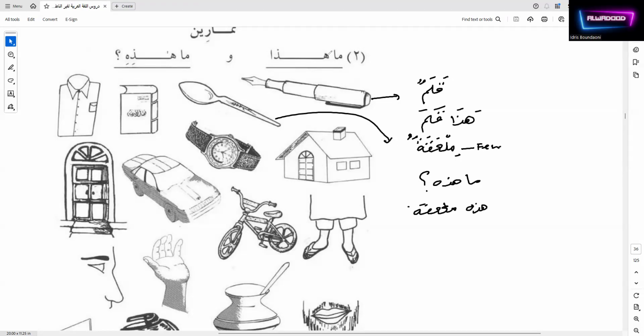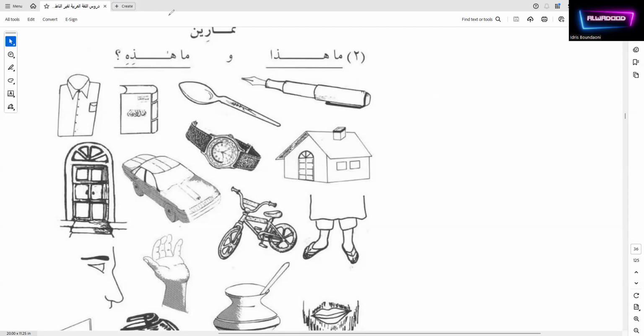So first you pick up the question and then relate it to the object in the picture and then answer. So I've done this one and I've done this one.